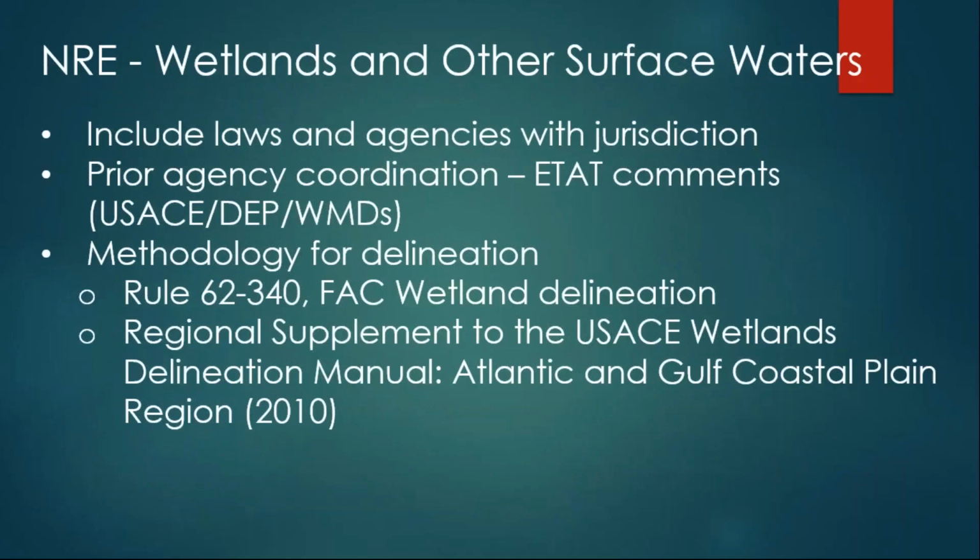So let's transition to the wetlands and other surface waters section of the NRE. Similar to the protected species section, include laws and agencies with jurisdiction, include any prior agency coordination, those ETAC comments that I think Pete and Ruth talked about earlier, and then also include the methodology for delineation as well.